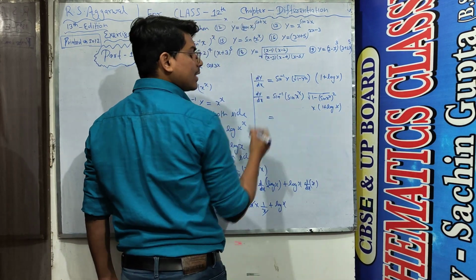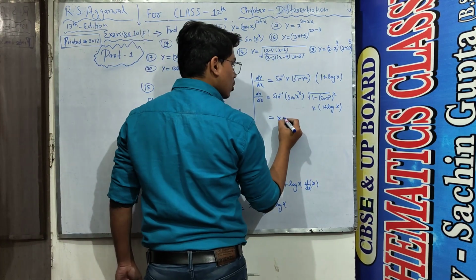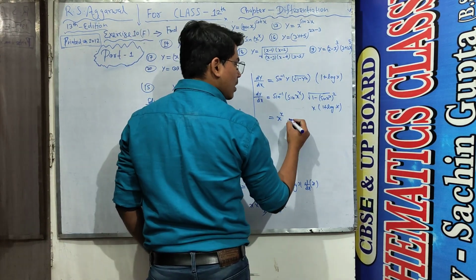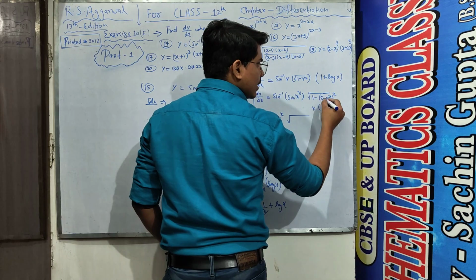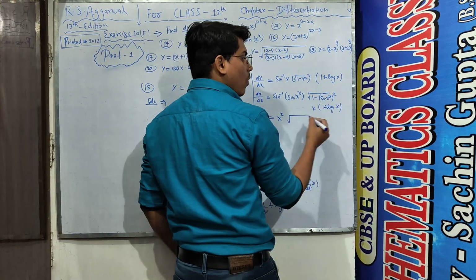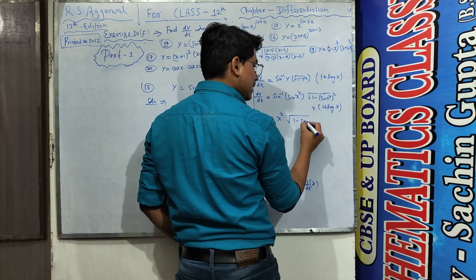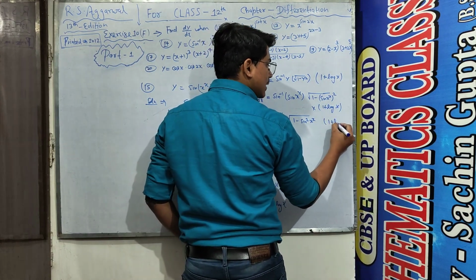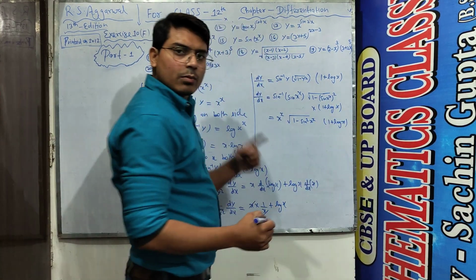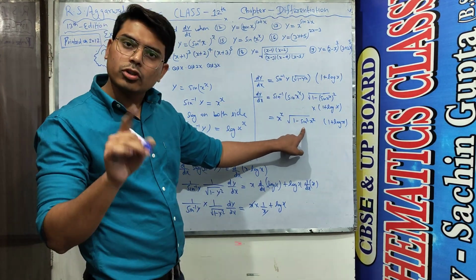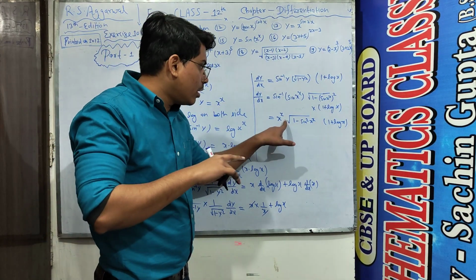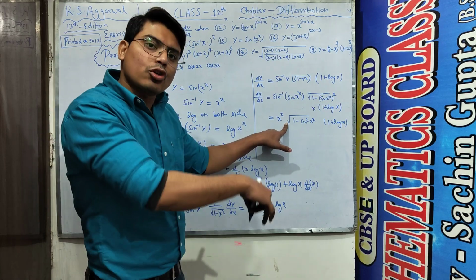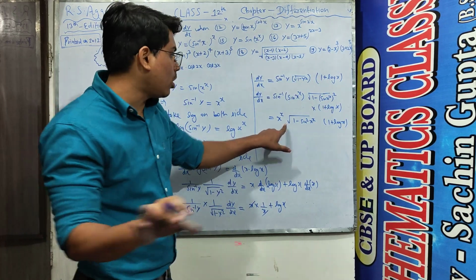Now student, this sine and sine inverse get cancelled to each other, so x raised to the power x is the remaining term, and this becomes 1 minus sine square x raised to the power x, and 1 plus log x I write as well. One more thing, student: 1 minus sine square is cos square, and when we take the under root of cos square, it becomes only cos.